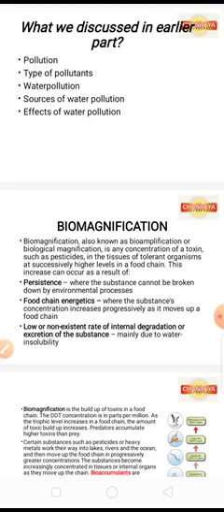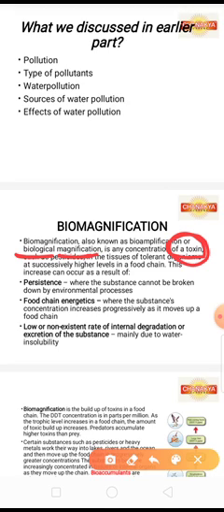Now again I'll explain what biomagnification is. Biological magnification is the increase of certain substances. These substances will be toxic, and as the concentration increases, it will harm that organism.